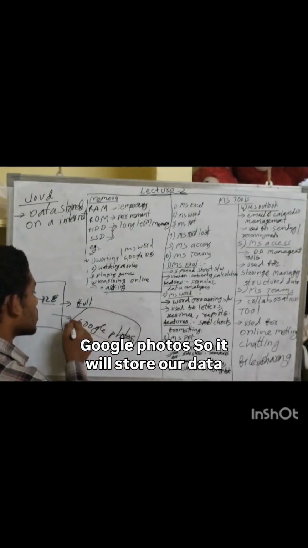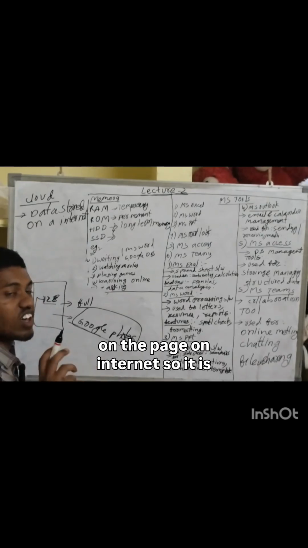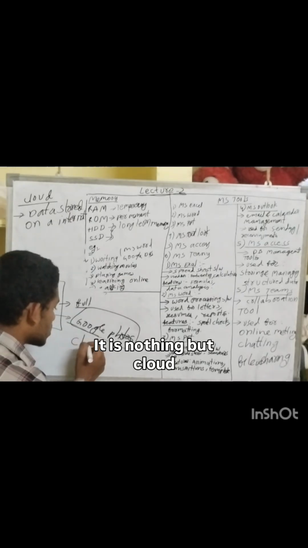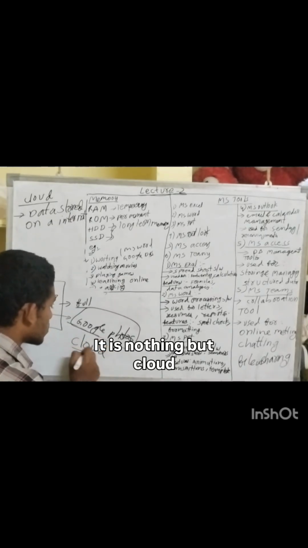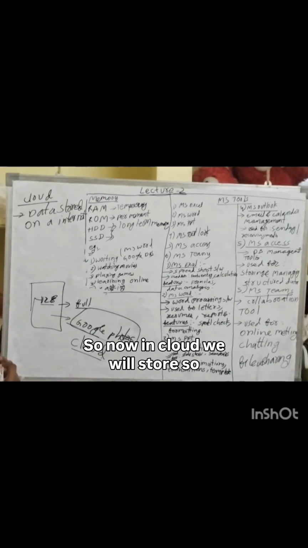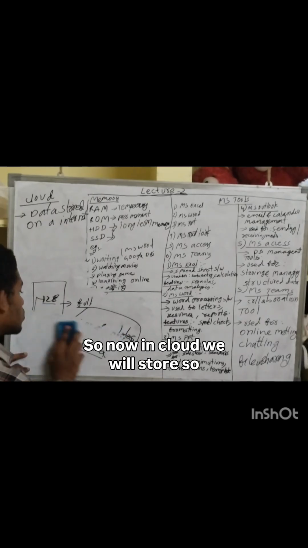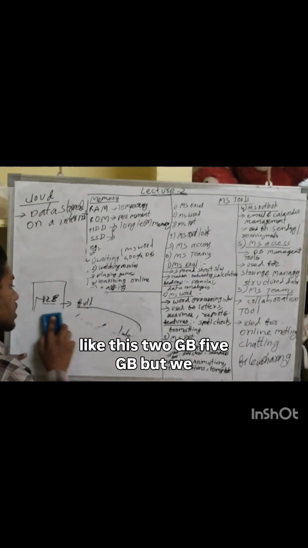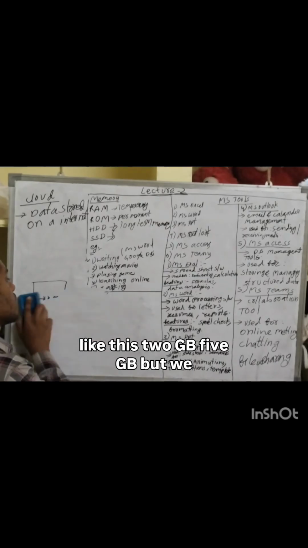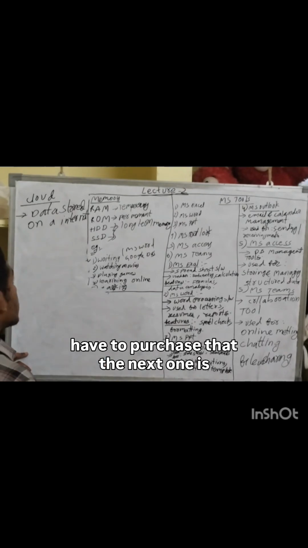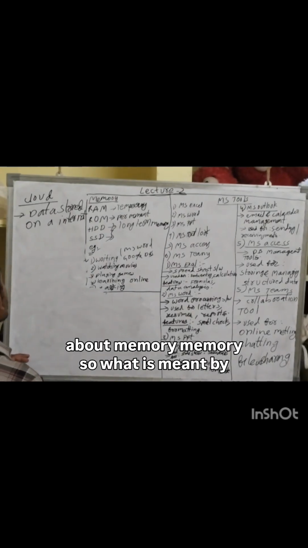It will store our data on the internet, so it is already cloud. It is nothing but cloud. In the cloud we can store so much data, like 2 GB, 5 GB, but we have to purchase that.